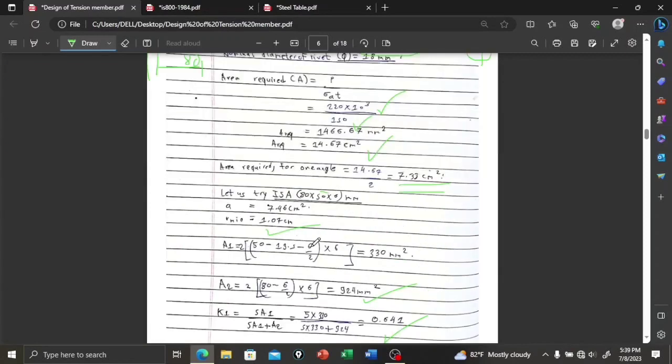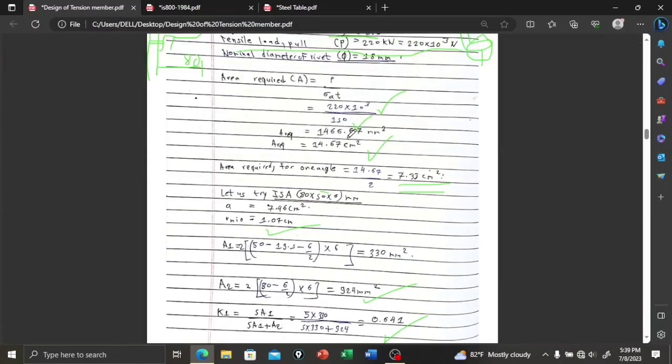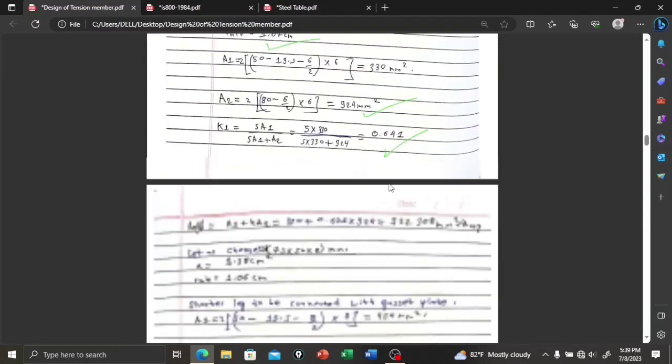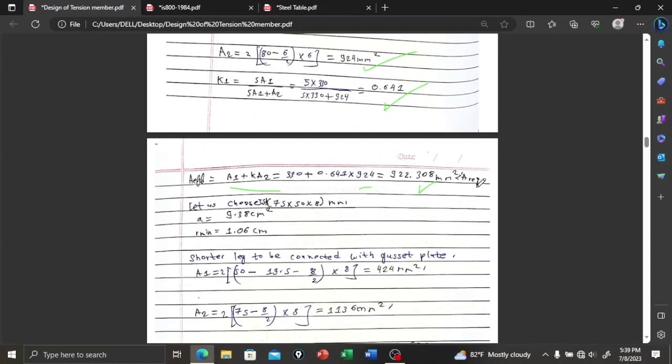So it is 922. And required area for both angles is 1466, but it is only 922, so we have to redesign. So choose 7550 by 8, which has the area of 9.38.